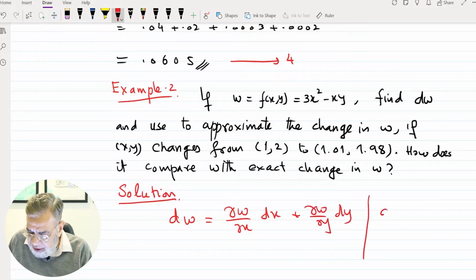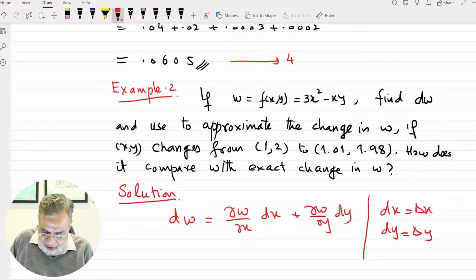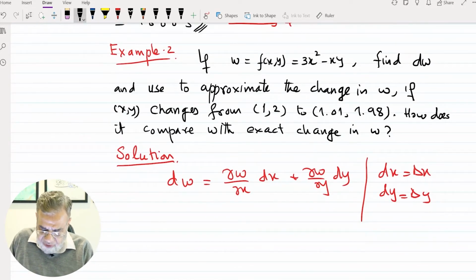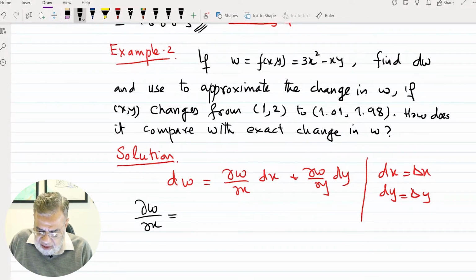Now we know our dx is equal to delta x and our dy is equal to delta y, being the variables which are not the exact function. Now find here partial w by partial x, differentiating with respect to x, taking y as constant. So our function here becomes 3x squared, we get 6x, x squared becomes 2x, and the derivative of x will equal 1, we get here minus y.